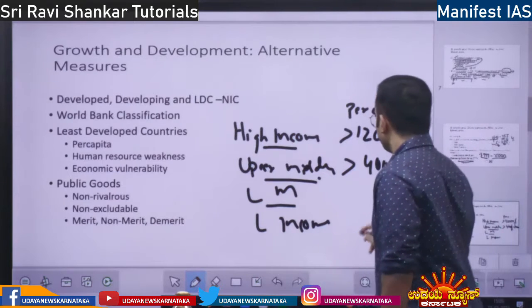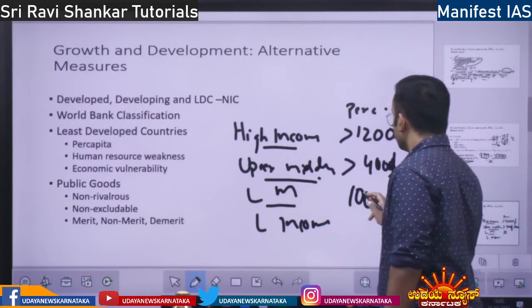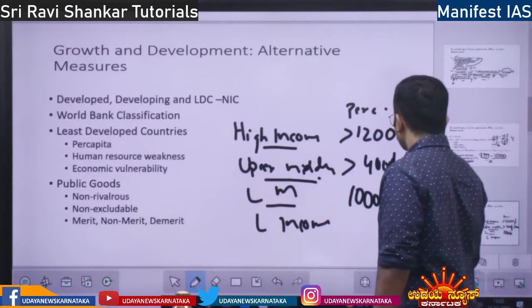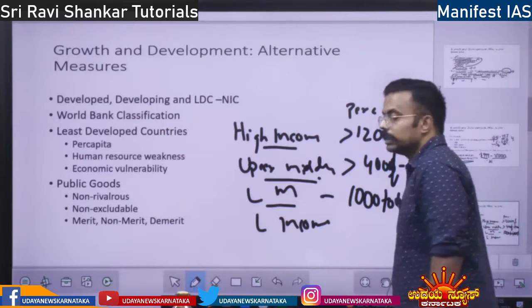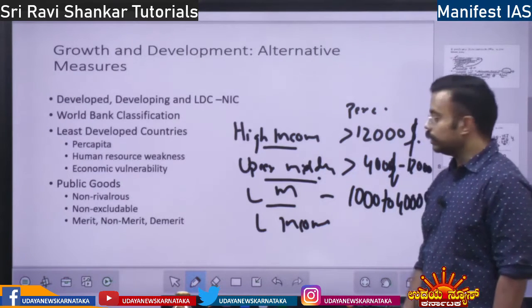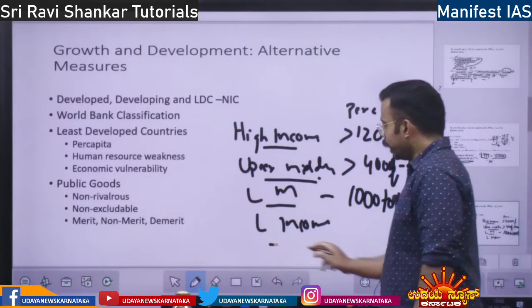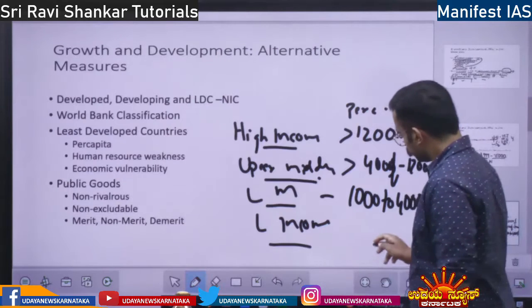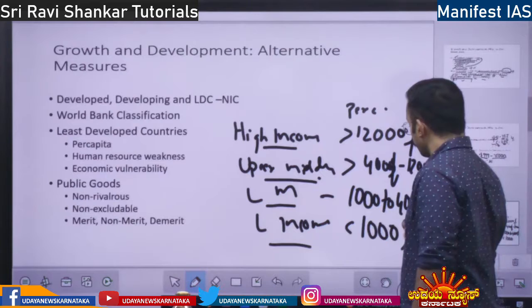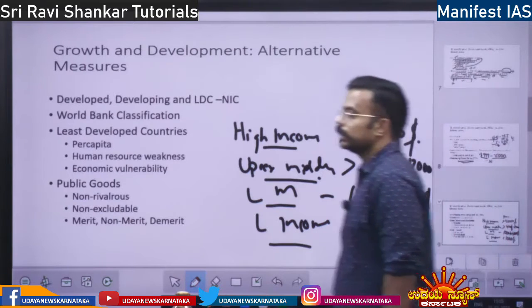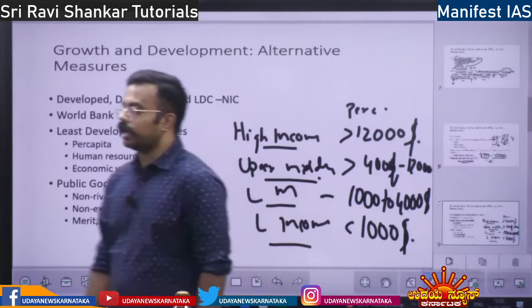Lower middle is from $1,000 to $4,000, then it is a lower middle income country. A low income country is one which has less than $1,000 income. Per capita income is less than $1,000.